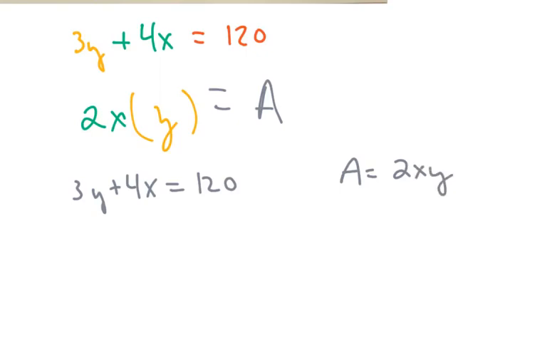All right. So what I'm going to do is get one of these letters by itself on the left side and substitute it back into the right side. It doesn't really matter which one I choose. So let me just subtract 3y from both sides.